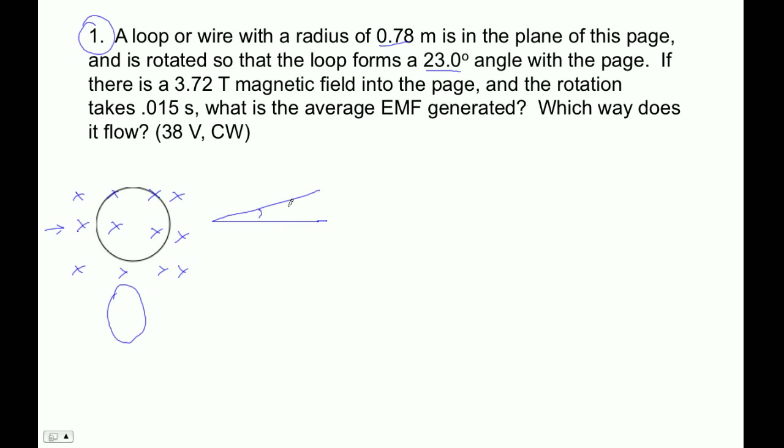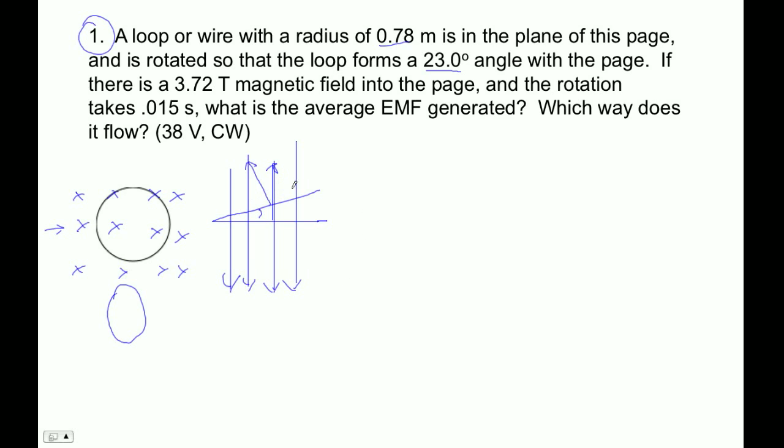But we've changed it like that, and remember that area vectors are perpendicular to the loop. So this area vector is actually like that, but our magnetic field is just this way, into the page.